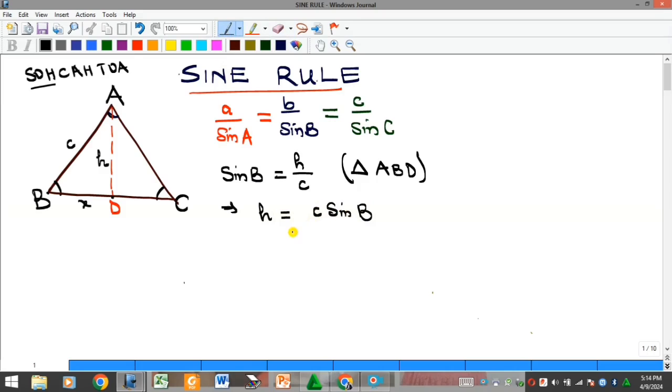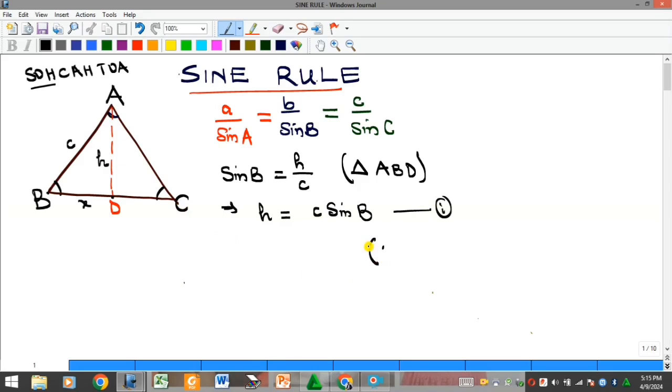That's the side c. Now I can call this equation 1. I can also look for the sine of C, using triangle ACD.